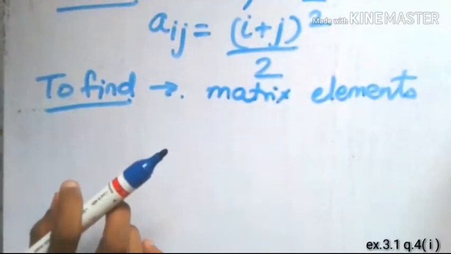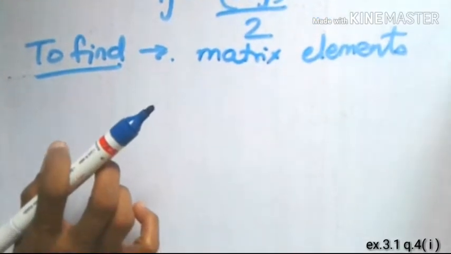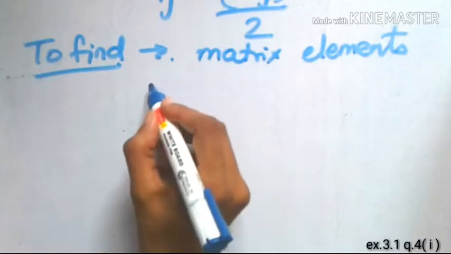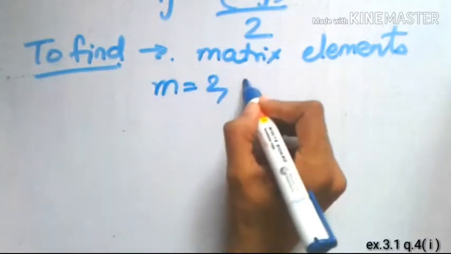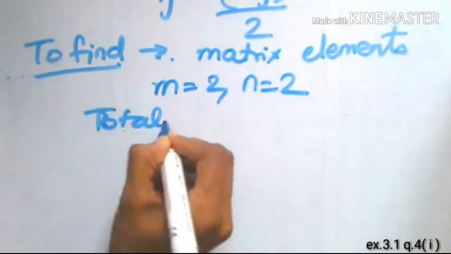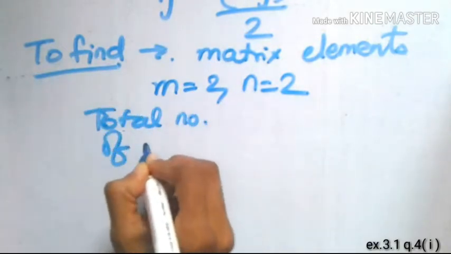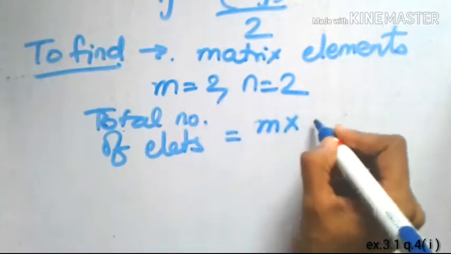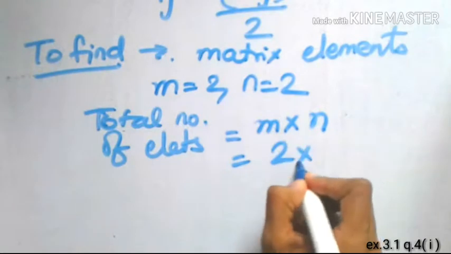Now since this is a 2 by 2 matrix, can you guess how many elements there are going to be? If my m is 2 and my n is 2, the total number of elements is going to be the product of m and n, which is 2 times 2.